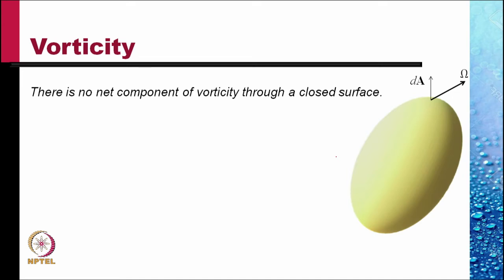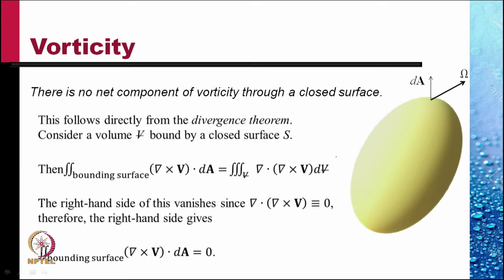That is, if capital omega is the vorticity vector at any point, then omega dot dA integrated over a closed surface, a surface enclosing a volume, is 0 for any flow. And for this, we require the divergence theorem from the calculus of vectors.